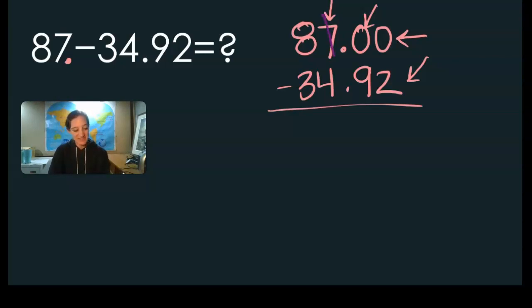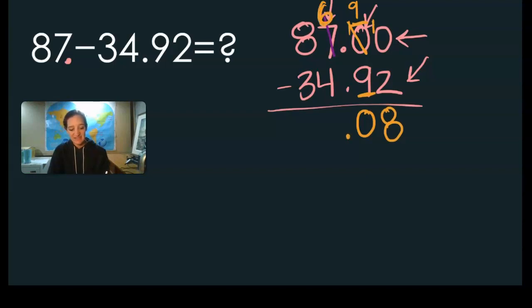I'm going to steal $1, and that means I'll have $6 left. And now I will have 10 dimes. And if I have 10 dimes, that means I have enough to steal at least 1 dime. And that 1 dime I can change into 10 pennies. So I have 10 pennies, take away 2 pennies, and that leaves me with 8 pennies. 9 dimes minus another 9 dimes gives me 0 dimes.